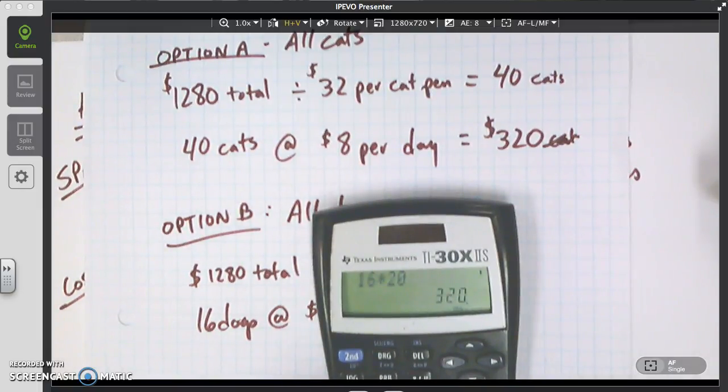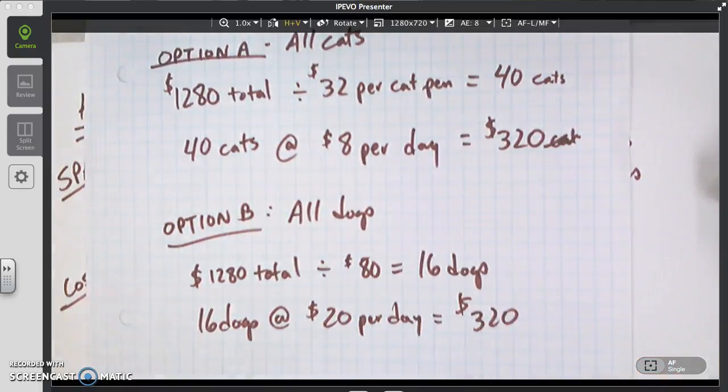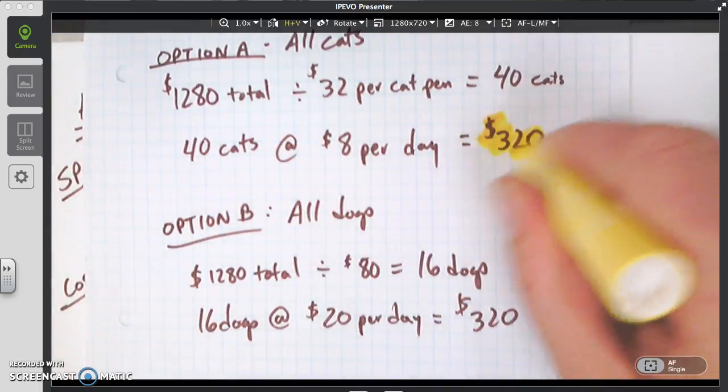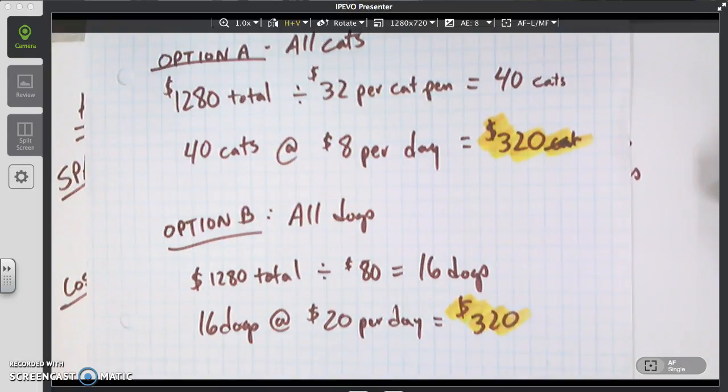Okay, 320 is what we get here. But wait a minute. Both the same. I don't know if you were expecting that or not, but that's kind of interesting, at least to me. If you did all cats or all dogs, they're both the same.